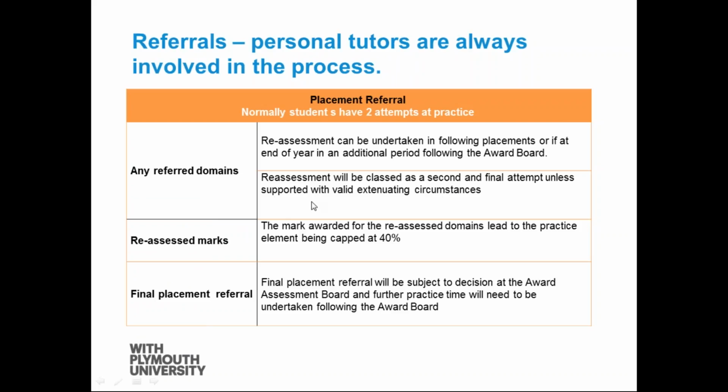So if a student goes down on communication and doesn't succeed in placement 1, they retake this in placement 2, but that is their second attempt. They have to undertake an assessment of all domains in all placements. The reassessed domain will be capped at 40%.